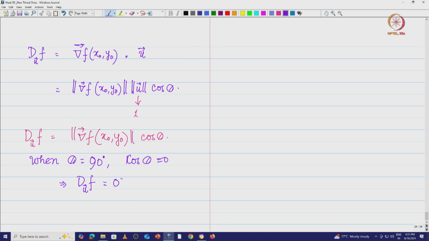We just saw that along the level curves the directional derivative is 0, which means the gradient vector is perpendicular to the direction of the level curves, that is what we have, right. So this is basically along the direction of level curves.